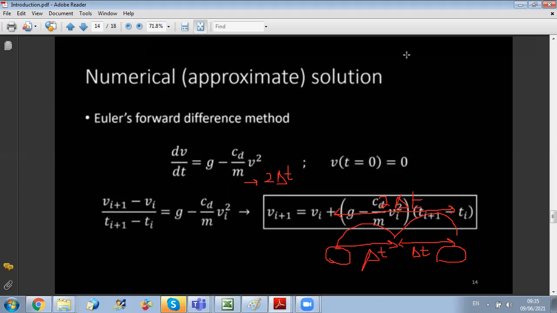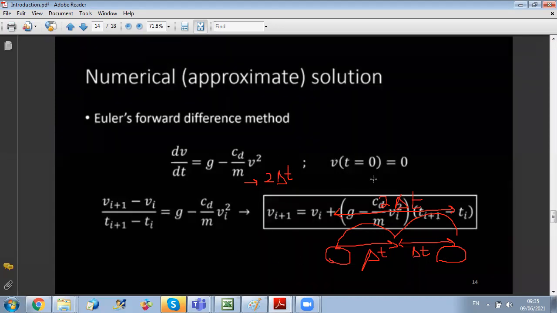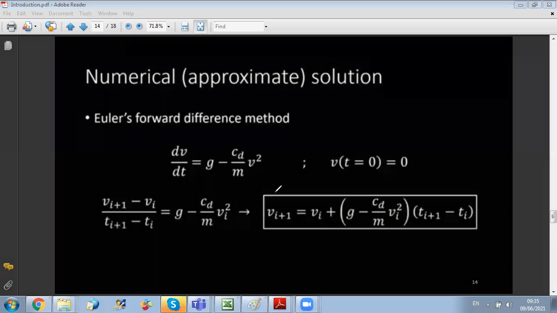Going back to our method, we will try to solve this problem, which we discussed together, for a certain set of numbers. Let's say they gave us the drag coefficient, the mass, and the boundary condition, and they asked us to predict the velocity for a certain interval of time.